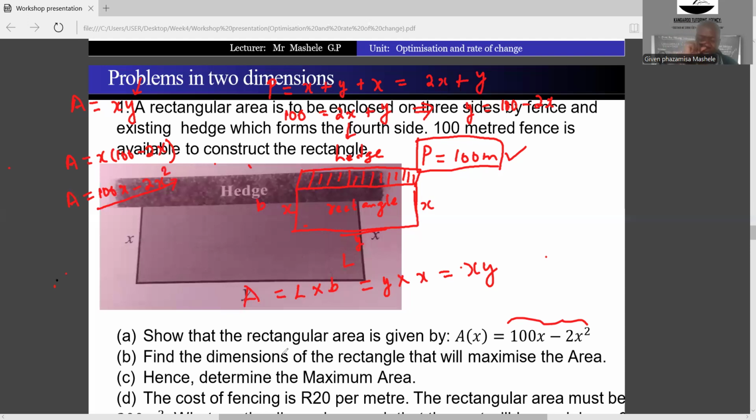Guys, I apologize for saying pi. So we were able to determine the area. It's very important for you to understand these, guys. Okay, let's move on to the next question. Let me erase this.